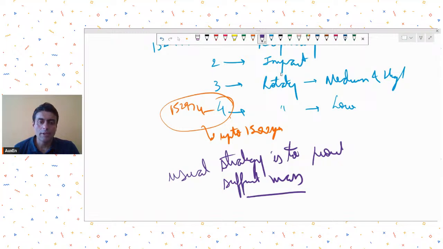So whatever vibrations are there in the machine will be damped by the mass of the foundation. That is the general strategy we adopt when we are doing machine foundations. And then we also check that there should not be any resonance, so that whatever is the vibrating frequency and whatever will be the frequency of your footing plus soil system, they should not come in resonance. There should be a frequency shift, or a difference in their frequencies.